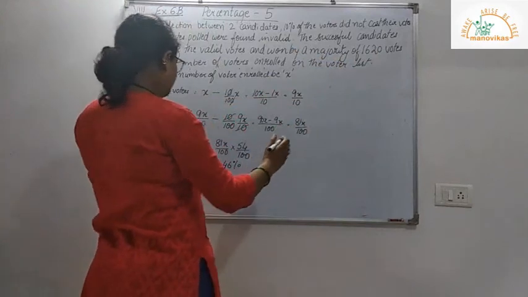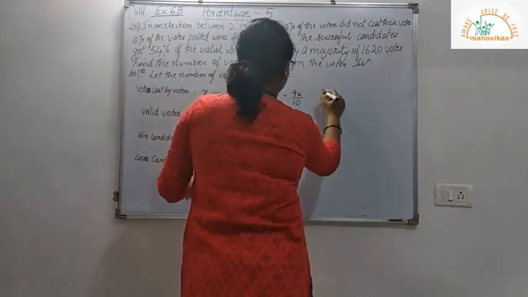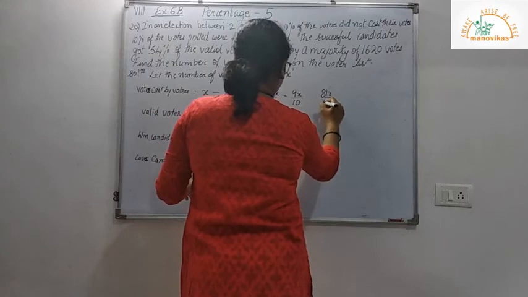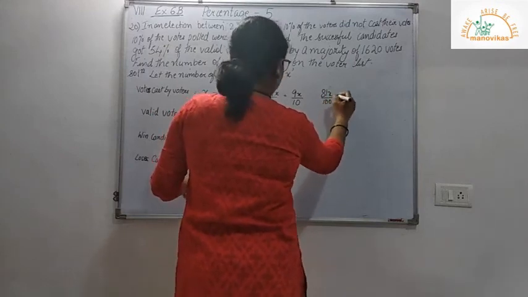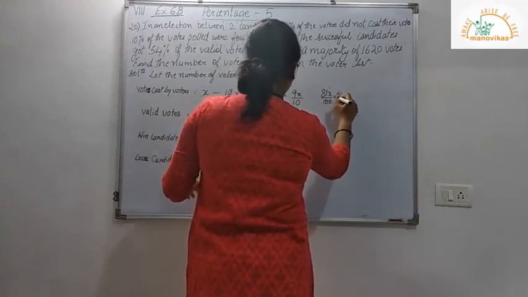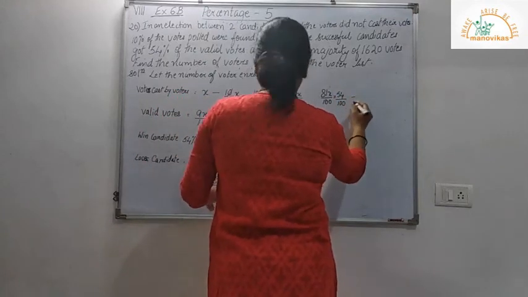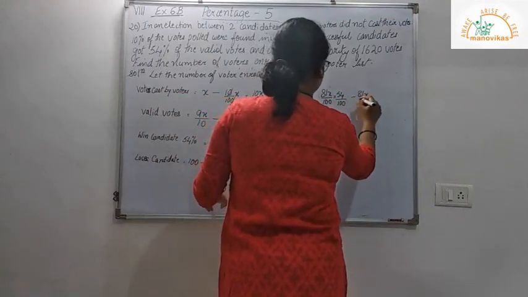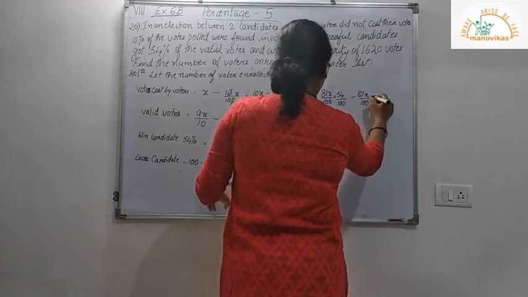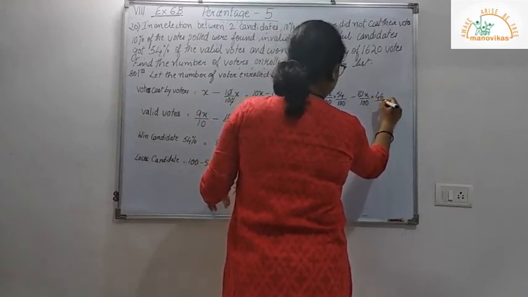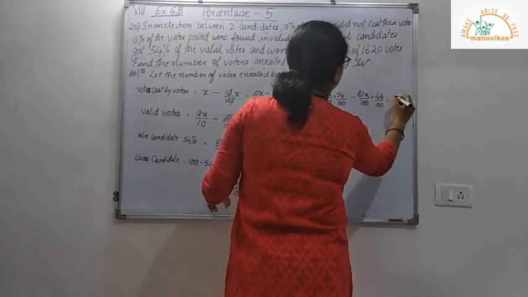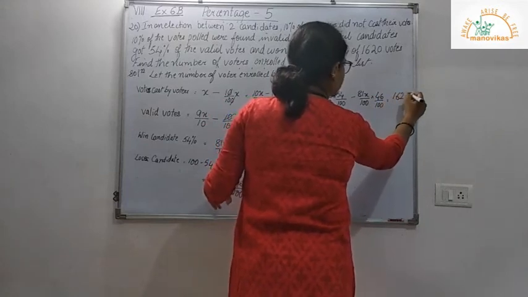So I get here 81x upon 100 into 54 upon 100 minus 81x upon 100 into 46 upon 100 is equal to 1620.